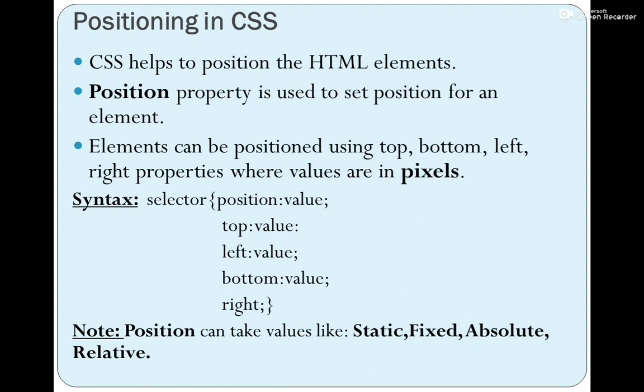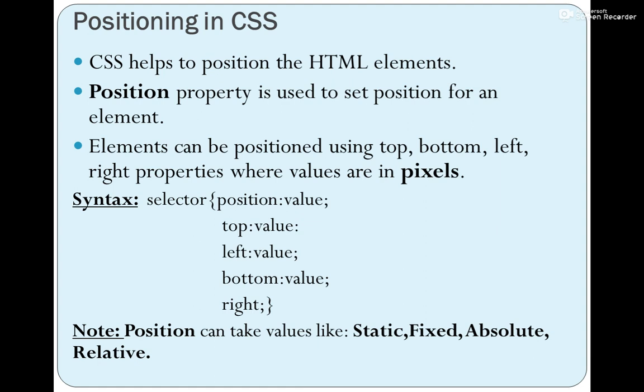CSS can be used to position or place HTML elements on a web page. As we just discussed, using CSS we can now give a particular place to the different elements of our web page. Using this position property of CSS, we can position these elements. Up till now we had seen many different properties of CSS.